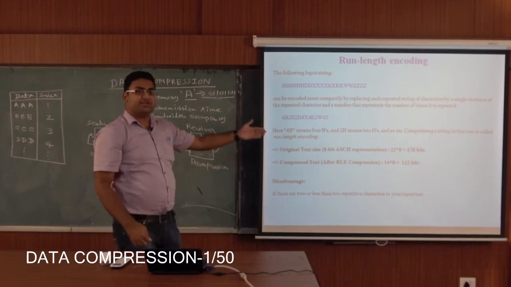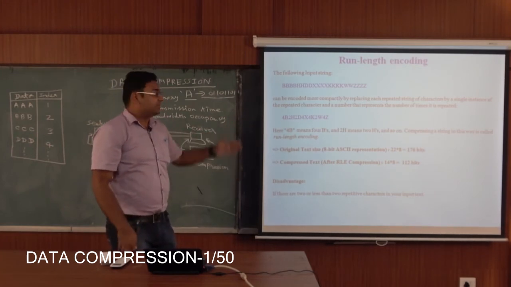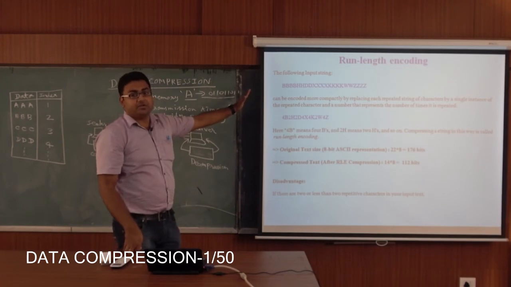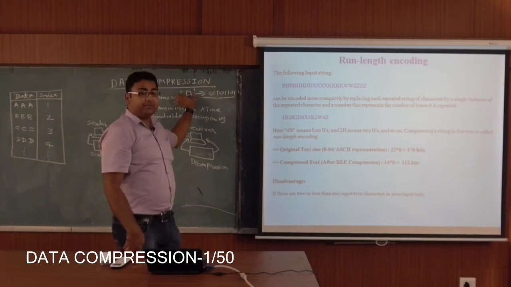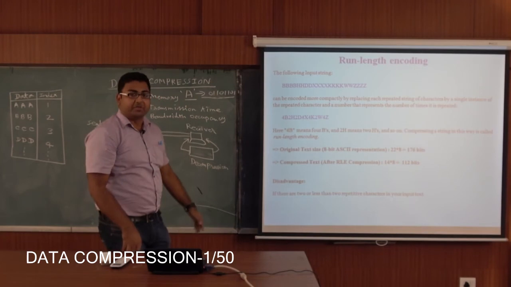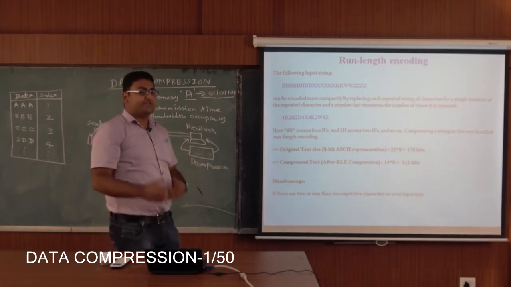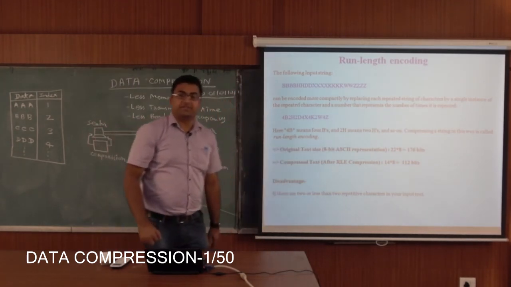If we use a 16-bit processor, then instead of 8 different 0 and 1 combinations, we represent each character by 16 different 0 and 1 combinations. For the sake of simplicity, we are taking the 8-bit ASCII representation.